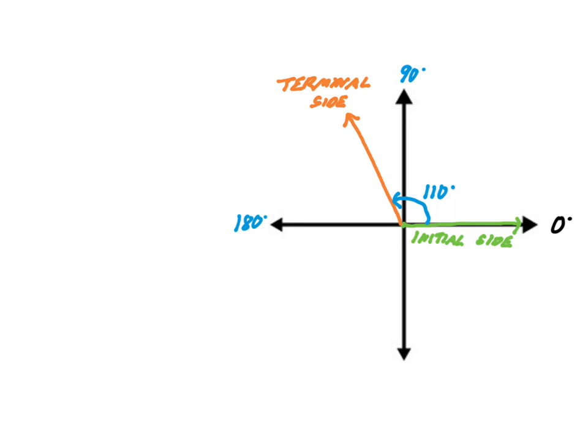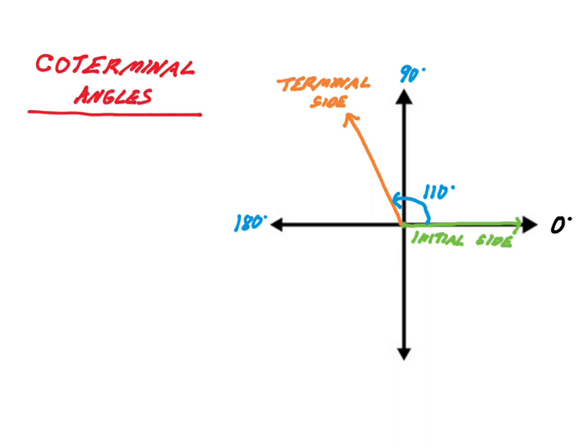We call those kinds of angles coterminal angles. And coterminal angles have the same initial side and the same terminal side. Coterminal. It's like if you are co-presidents. That means two of you have the same job, or you share it.